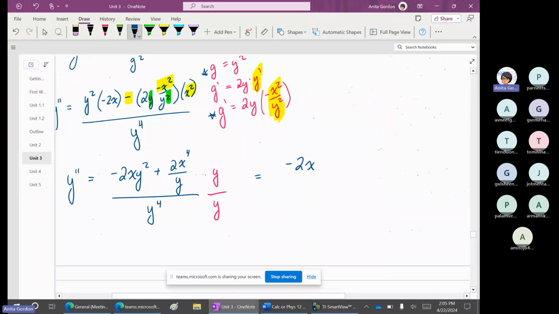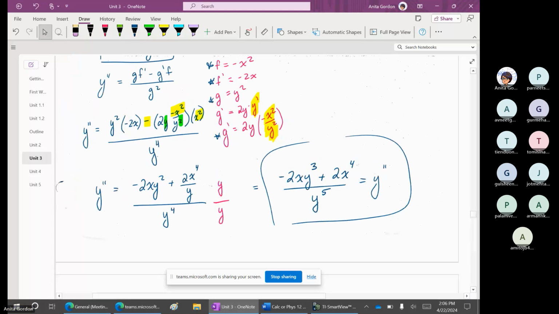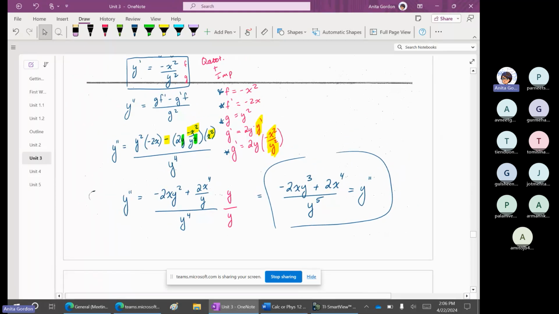So you would get negative 2xy to the 3 plus 2x to the fourth all over y to the fifth. You can factor out a negative 2 as well. You can even factor out a negative 2x. That would be fine, but it doesn't make anything any simpler, right? Okay, that wasn't actually too bad. Hooray! We can do calculus. It's beautiful.